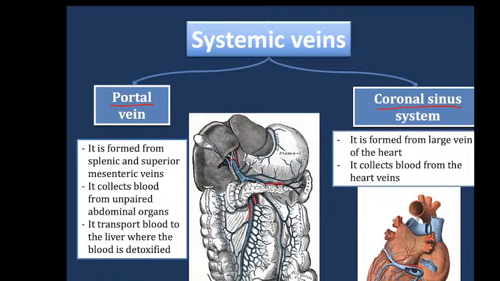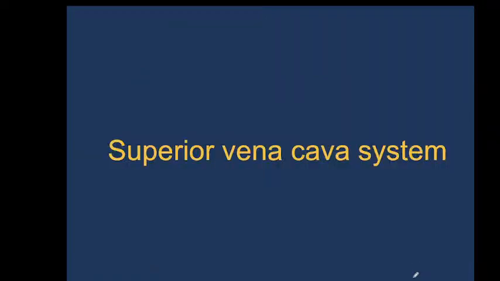Here you see this structure on the posterior surface of the heart, and you see also the cardiac veins come into the coronary sinus. That is the smallest venous system in our body.